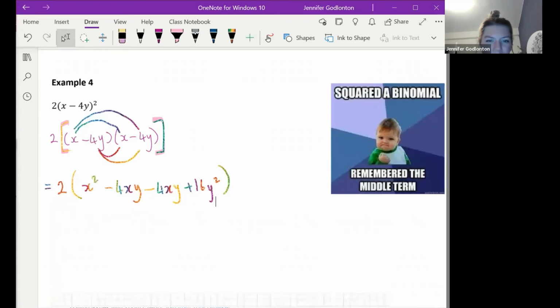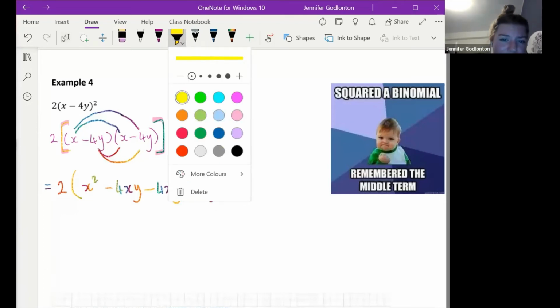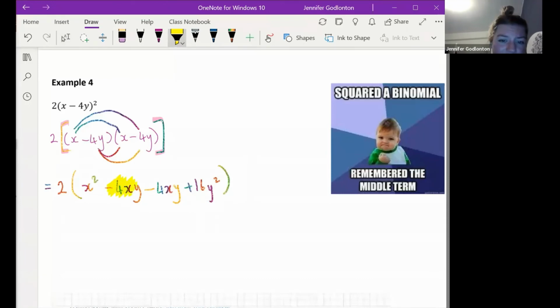Then you can either take your 2 in straight away, or you could simplify what's in your bracket. It's up to you. I'm going to simplify what's in my brackets, but you don't have to. You could first take your 2 in. So now I've got 2 brackets, x squared minus 4 minus another 4 is going to give me minus 8.